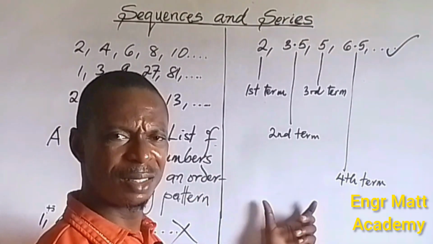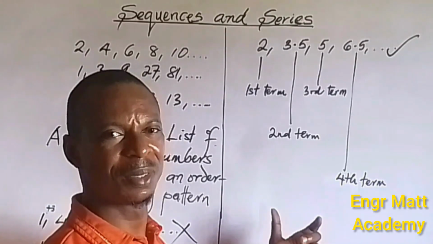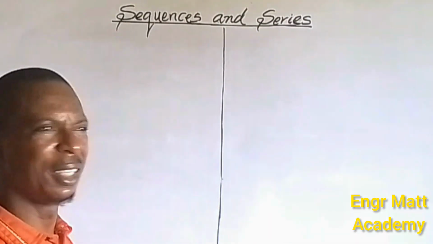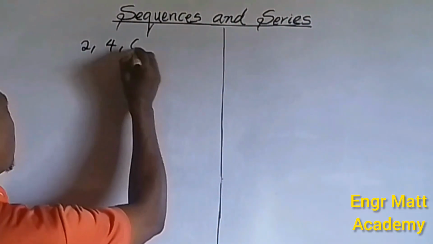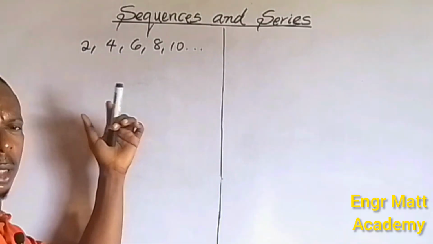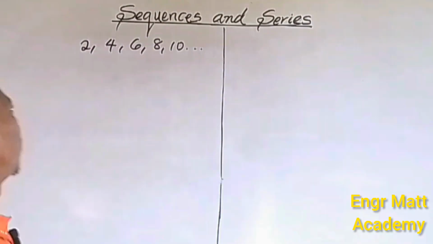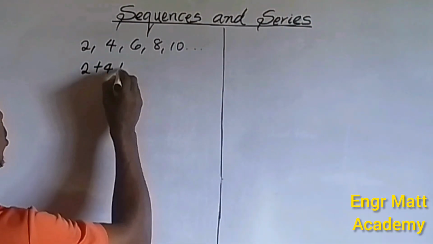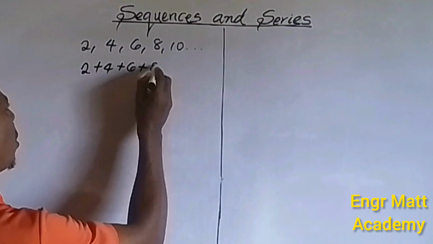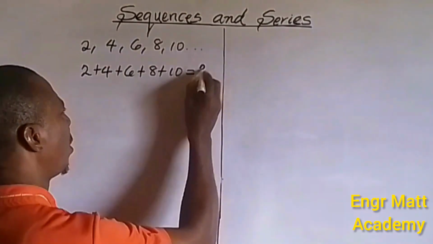Having said this, what then is a series? Let's find out. Let's consider these numbers again: 2, 4, 6, 8, 10, and so on. If we decide to add up these numbers, what do we get? That is 2 plus 4 plus 6 plus 8 plus 10. What will that give us? 30, right?